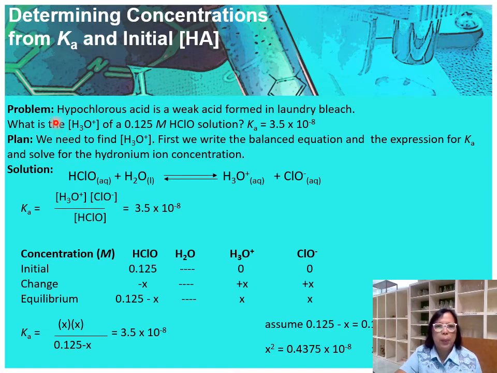The problem: hypochlorous acid is a weak acid formed in laundry bleach. So why is it that the laundry bleach could remove some stain? It is because of the hypochlorous acid. But how strong?